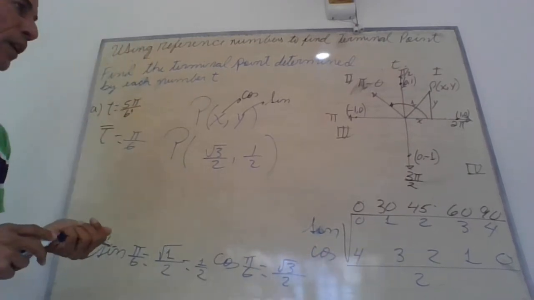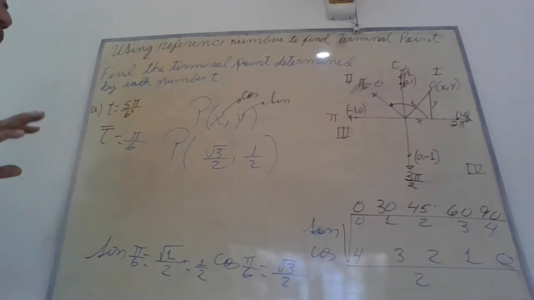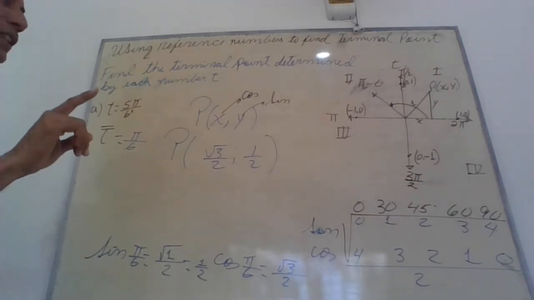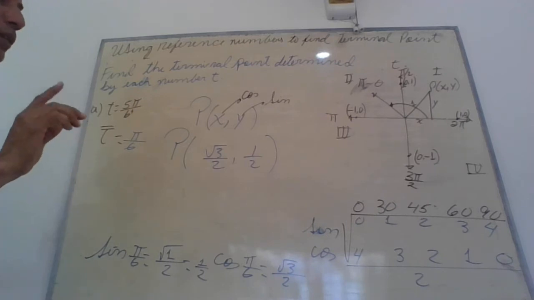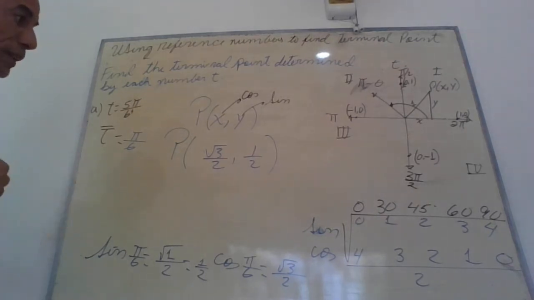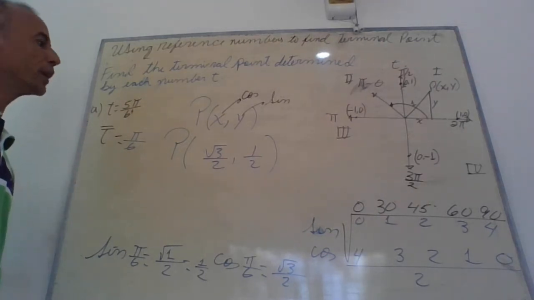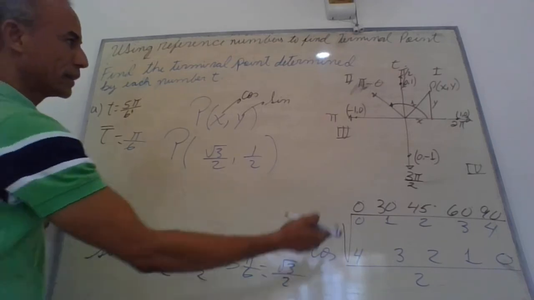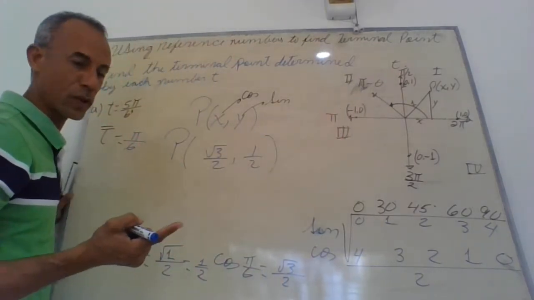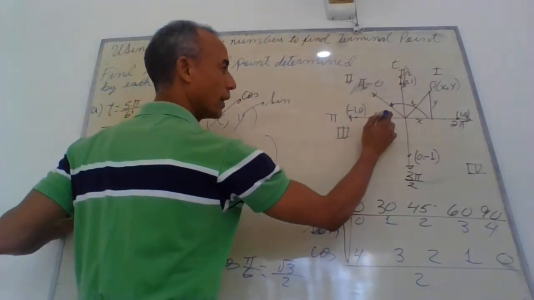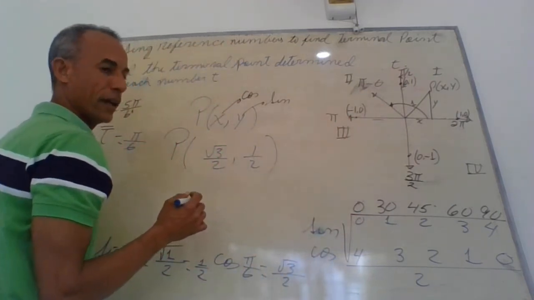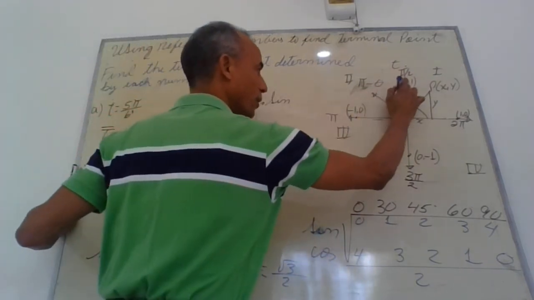But remember this, we need to know the sign of this terminal point, okay? We need the sign. Here is the second quadrant. Remember, x is negative and y is positive. Do you remember?